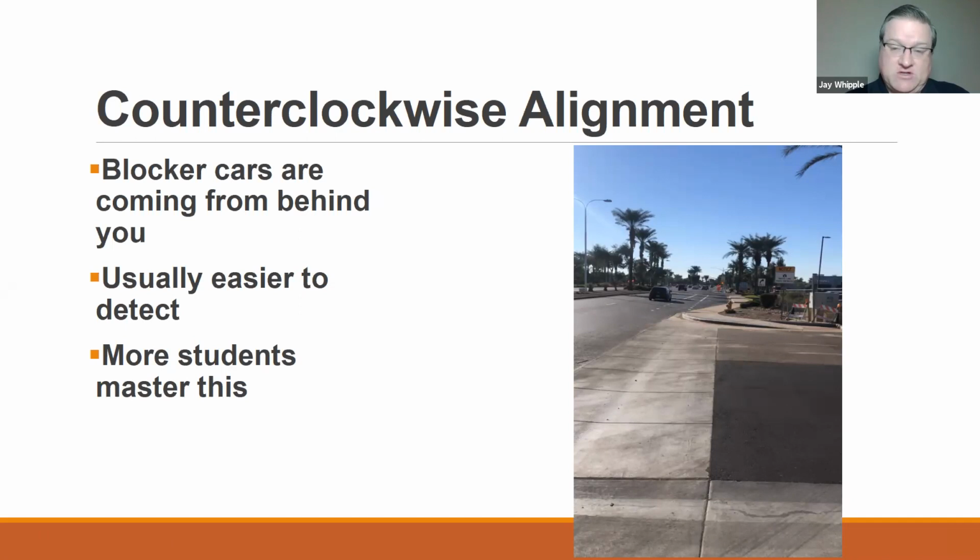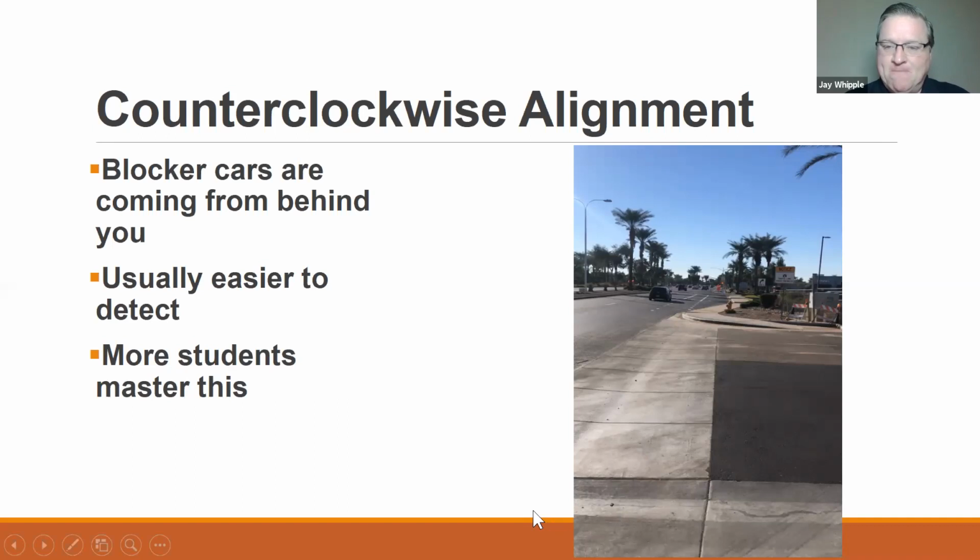These are definitely easier to detect because they're coming right next to where you're standing. Many more of my students master this skill and tend to get better at it. I'm going to move this here and let's play this video.